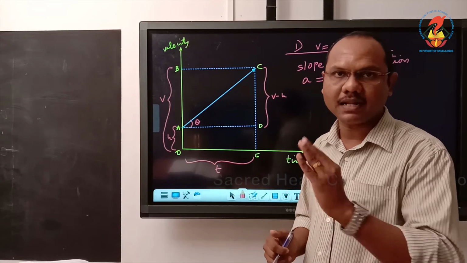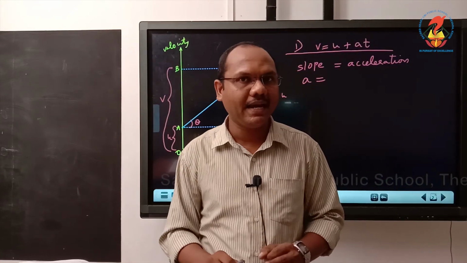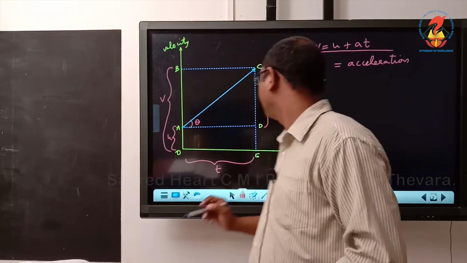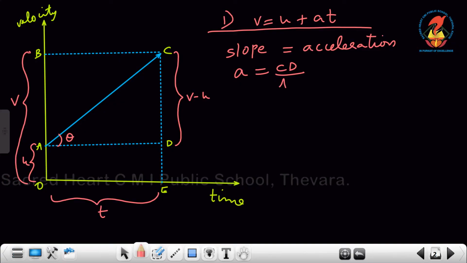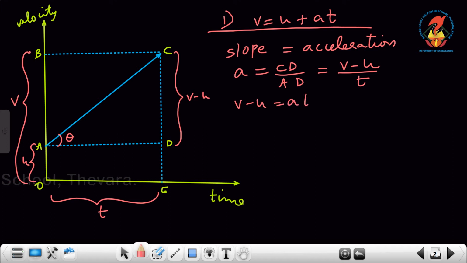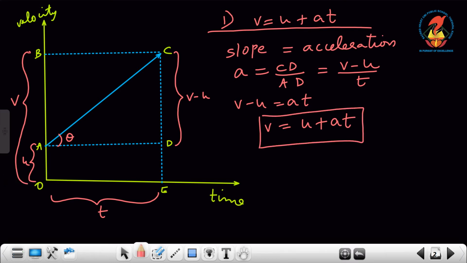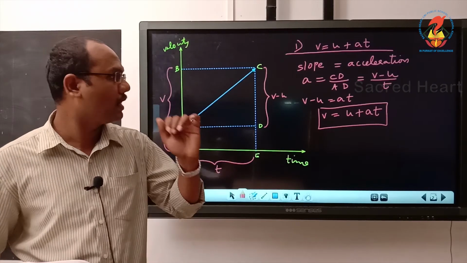Slope means tan theta. So tan theta is equal to CD by AD. And what is CD? v minus u. What is AD? t. So v minus u is equal to at, or v is equal to u plus at. This is the first equation. So the first equation of motion is derived by finding the slope of the graph. So you can take down.